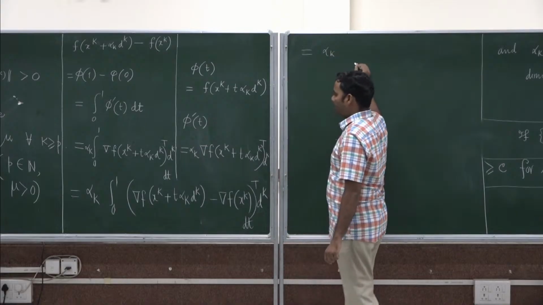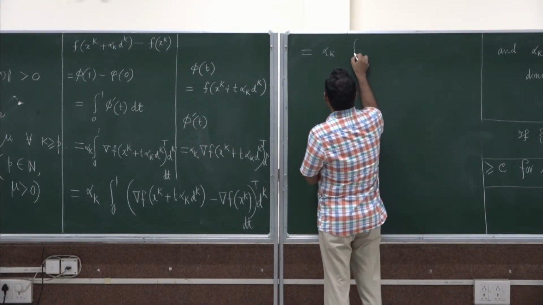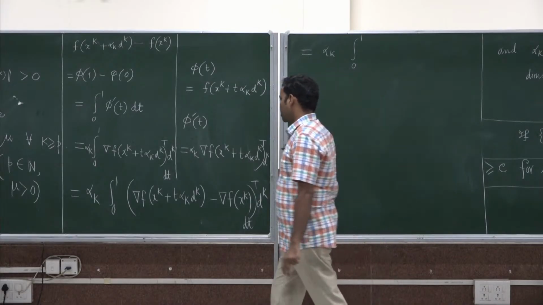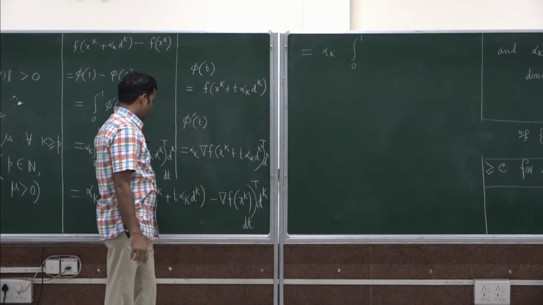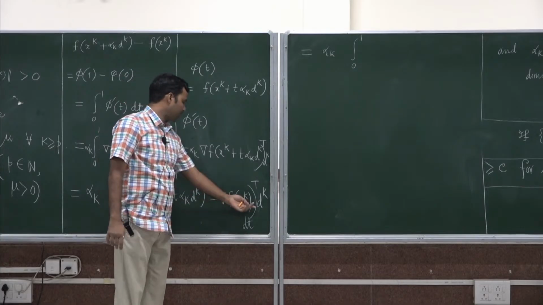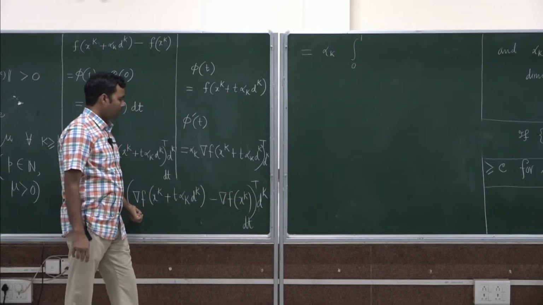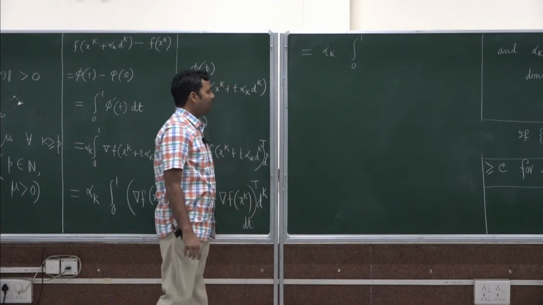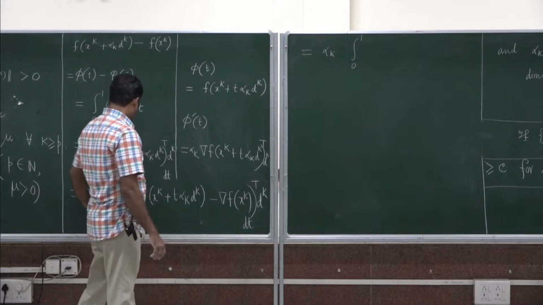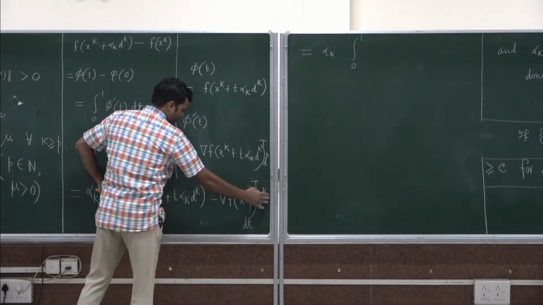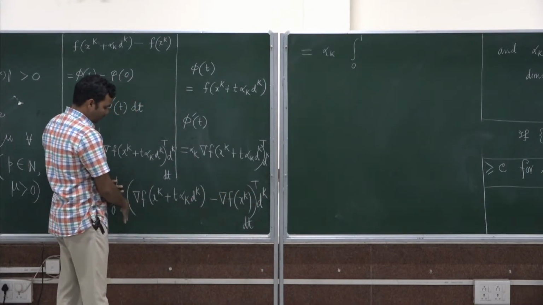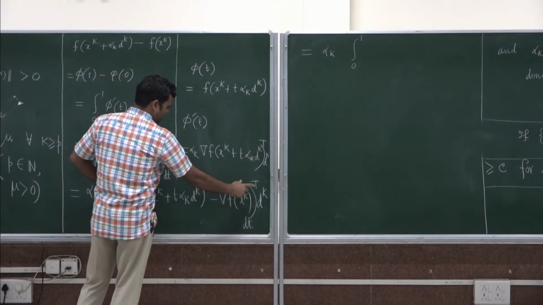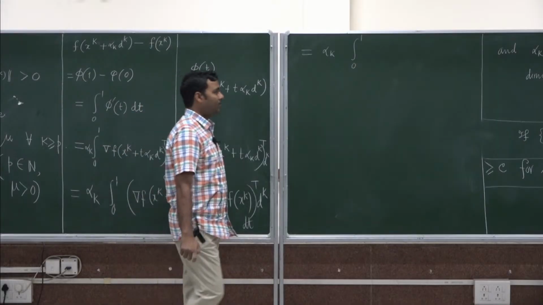alpha k integration 0 to 1 of this portion. By the Cauchy-Schwarz inequality, the integrand here is less than or equal to norm of grad f at this point minus grad f xk times norm of dk.